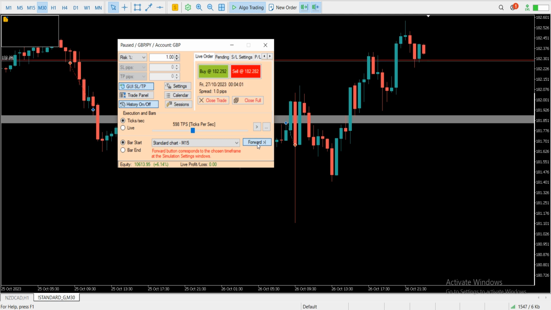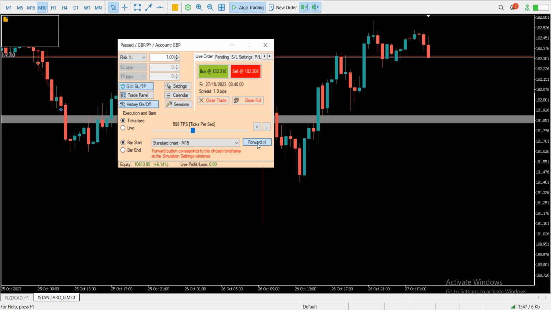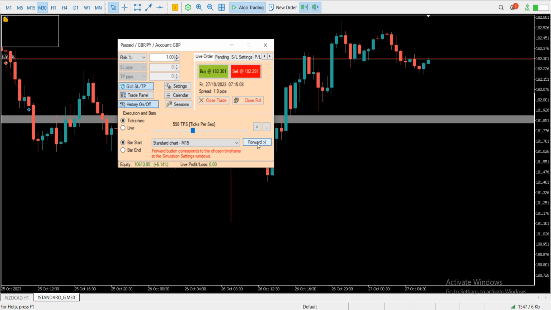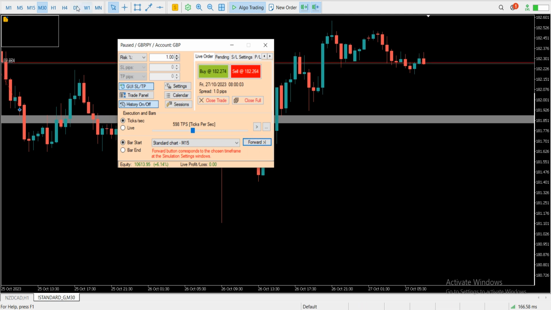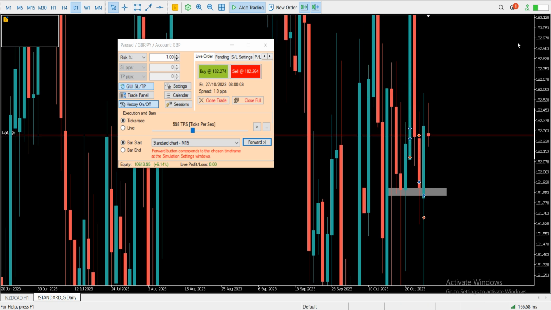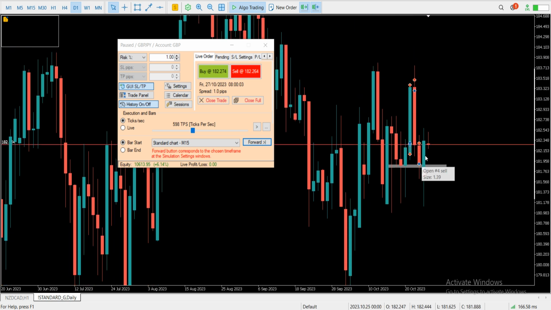This is going to be the last trade of Friday. Let's take a look at daily. Like I was expecting that this candle will close bullish, but the problem was, this candle went down and then filled these wicks and then went up.